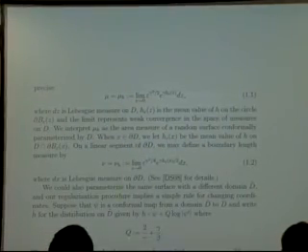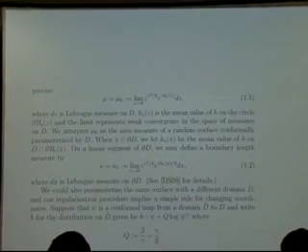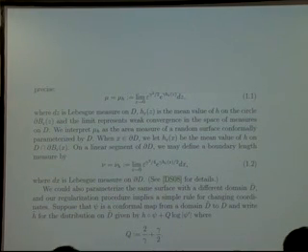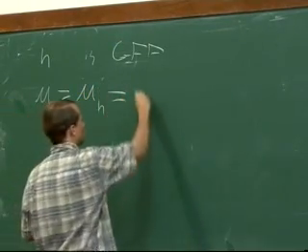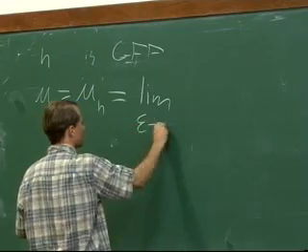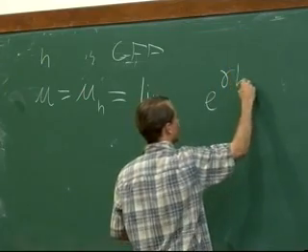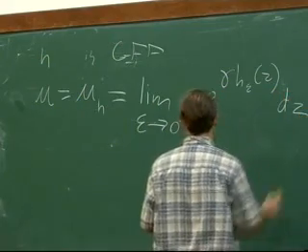Now I'm going to start writing some of these things on the board. So how do we define this measure? If h is the Gaussian free field, then my measure mu, equal to mu sub h, is what I'm going to call the limit as epsilon goes to 0 of e to the gamma h sub epsilon of z dz.